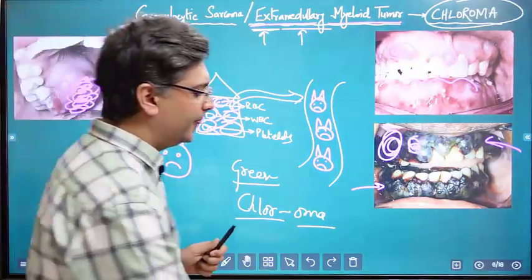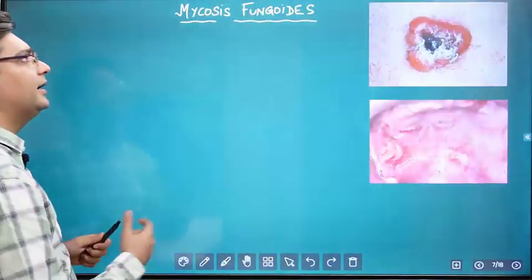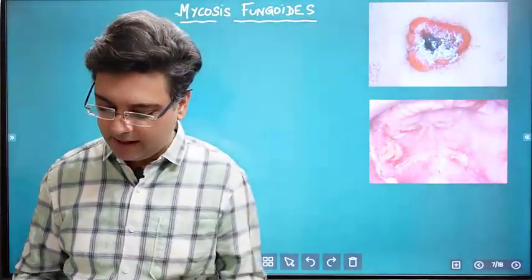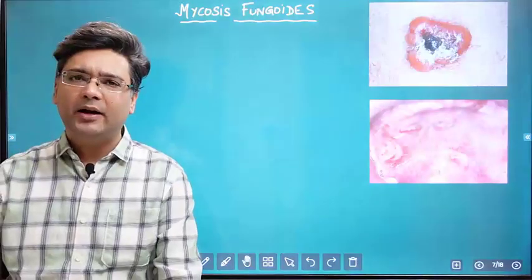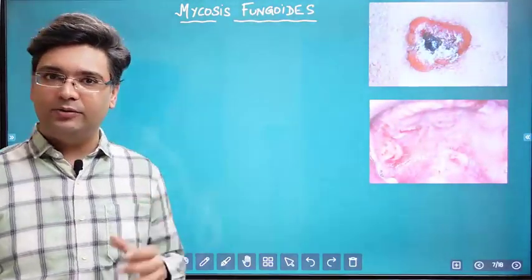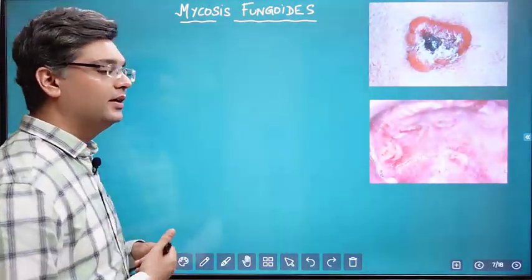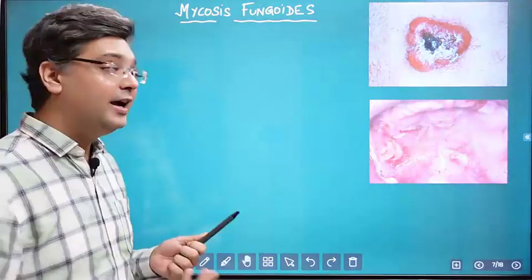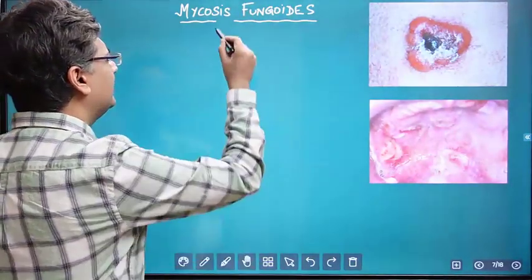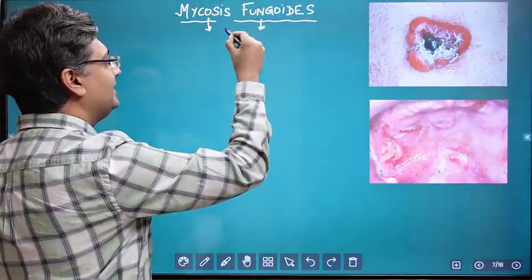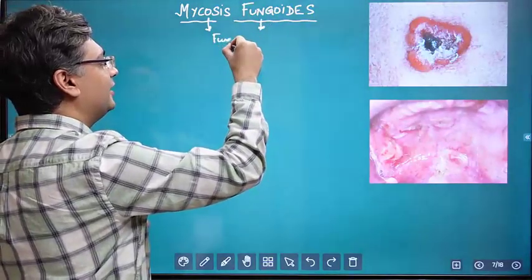Okay, then we'll talk about another variant here, and this is called mycosis fungoides. Mycosis fungoides. Now, don't you think this is a misnomer actually? We are talking about leukemia and we're talking about mycosis fungoides. Mycosis and fungoides both actually mean a fungal infection.